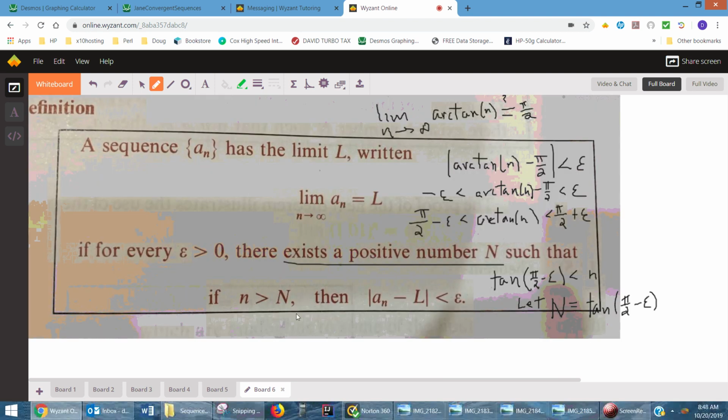And so here is the definition of a limit of a sequence.